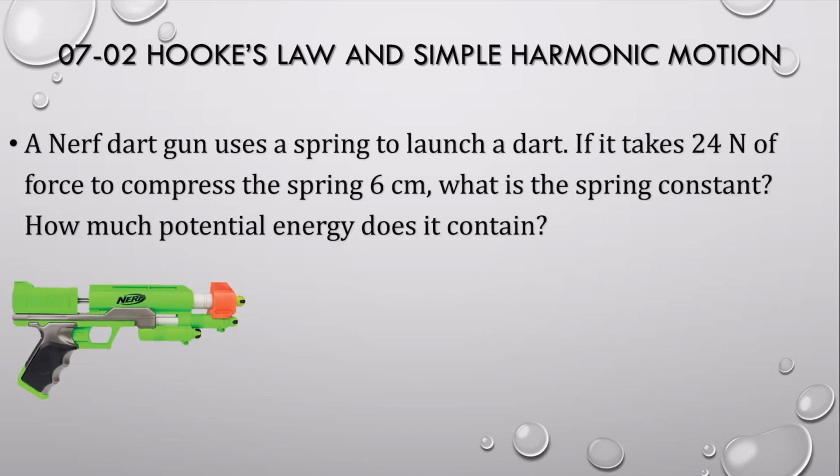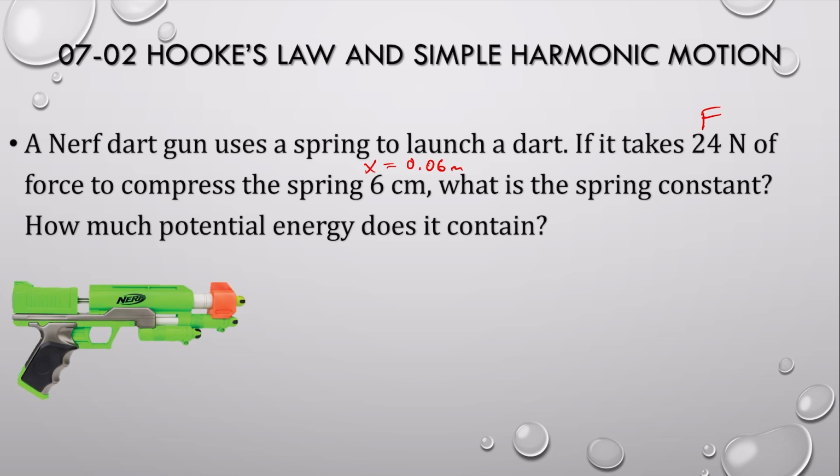Let's do an example. A Nerf dart gun uses a spring to launch a dart. If it takes 24 newtons of force to compress the spring 6 centimeters, what is the spring constant? And how much potential energy does it contain? Well, we're told a force and a displacement, which if we put it into meters, is 0.06 meters.